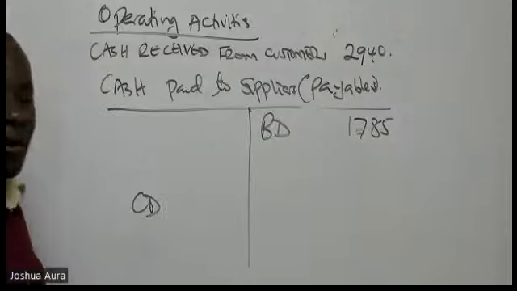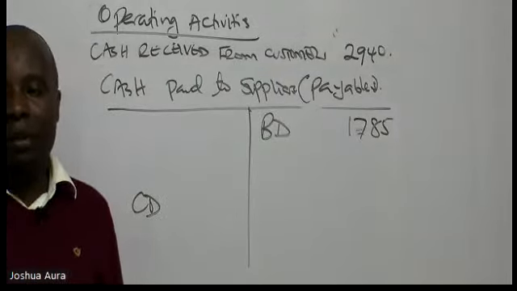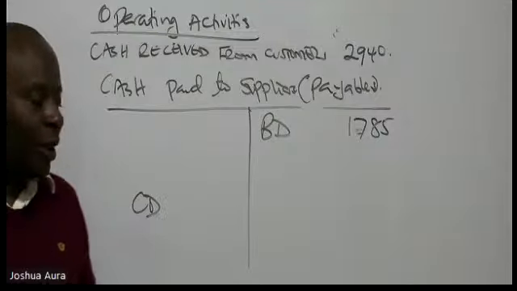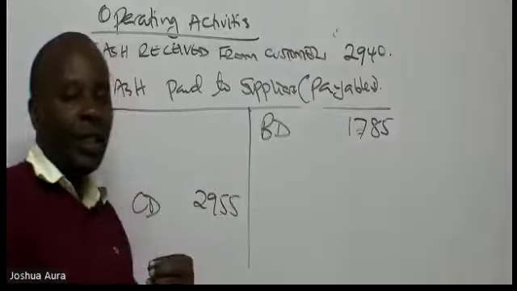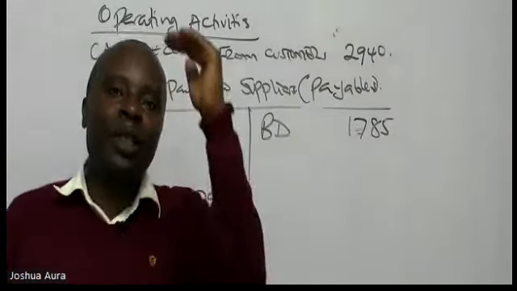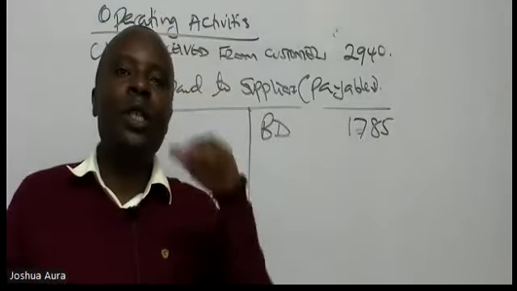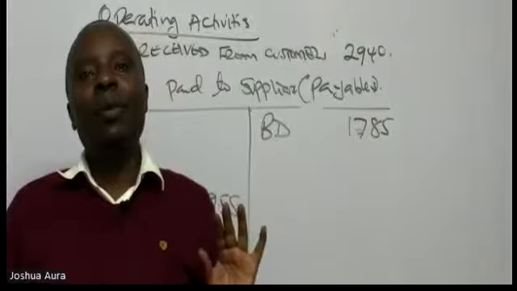Payables for 2017 carried down, 2955. I know that in between the year we disposed a subsidiary, so we expect the payables to go down because this subsidiary that we sold went away with some payables.